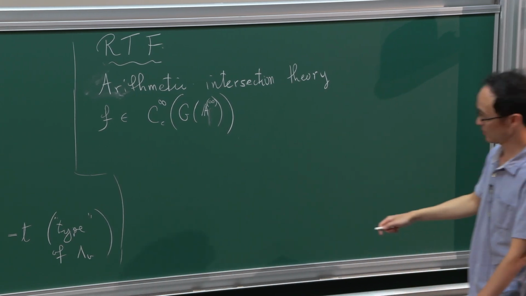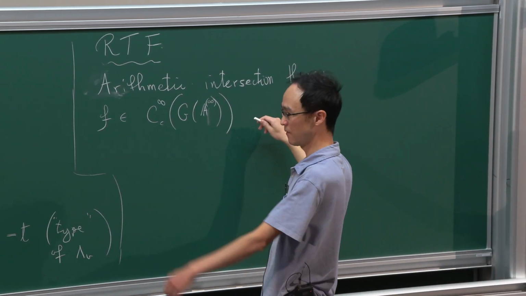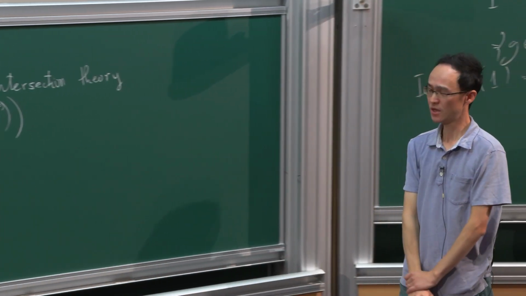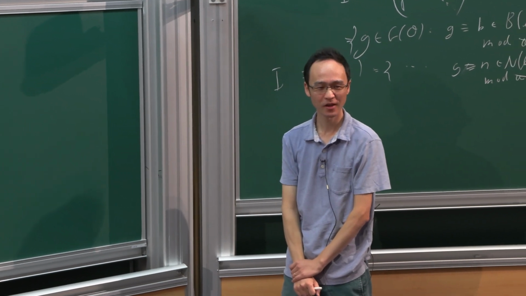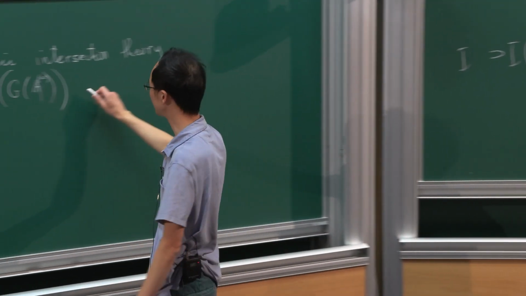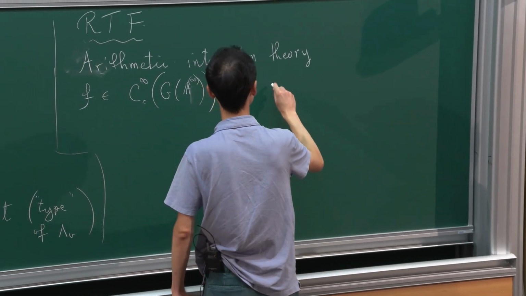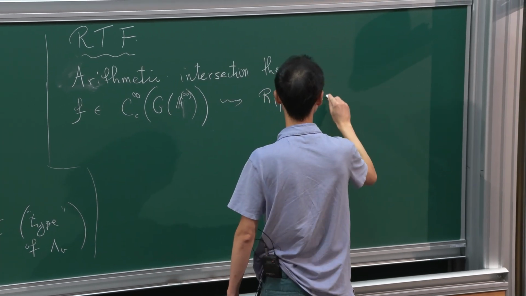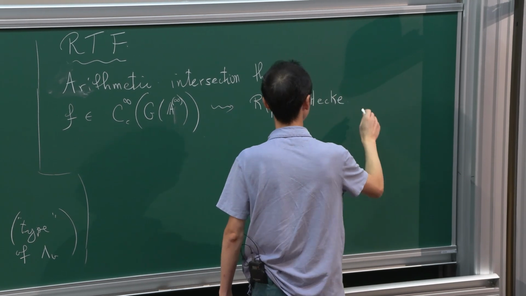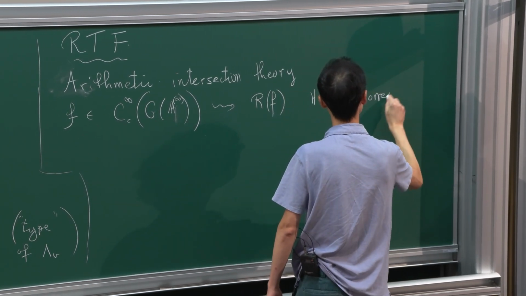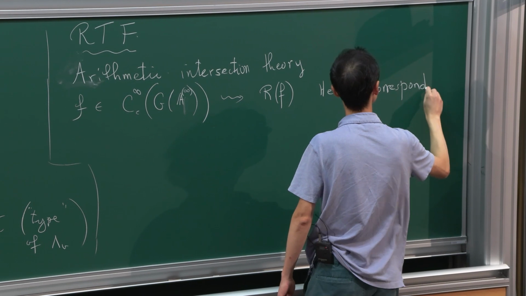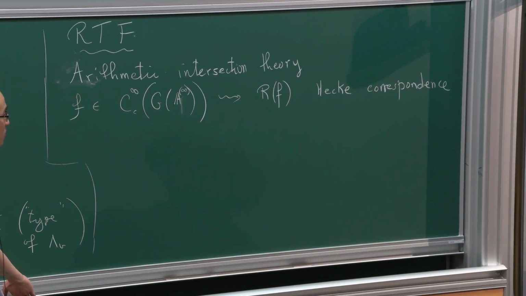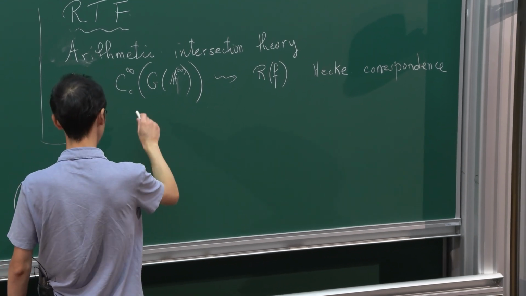In the proof of GGP, you would produce a kernel function, then a trace formula identity. Here I start from this guy and have a Hecke correspondence.